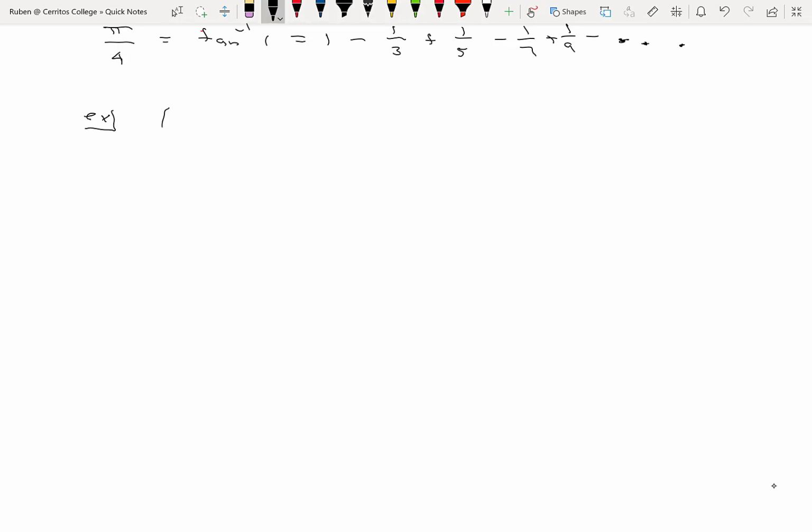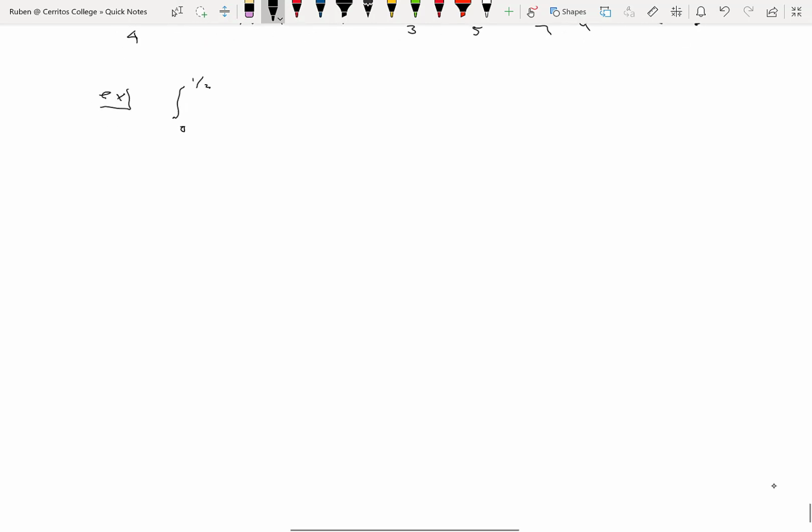A science major, engineering, physics, whatever, will have to compute integrals very often. Suppose I want to compute the integral of the inverse tangent of x squared from 0 to 1/2.